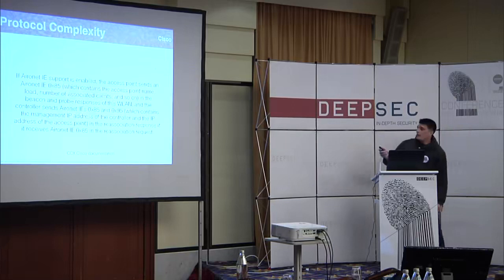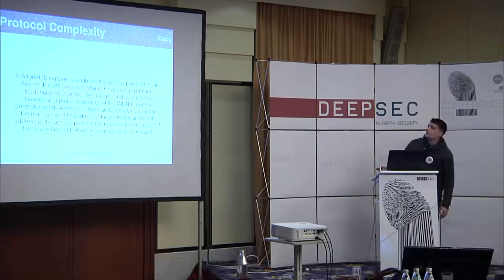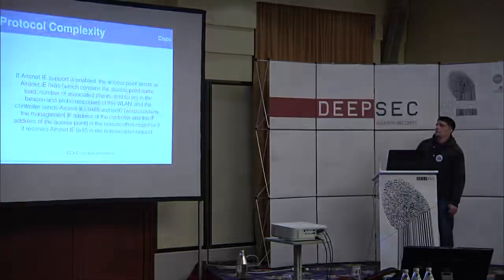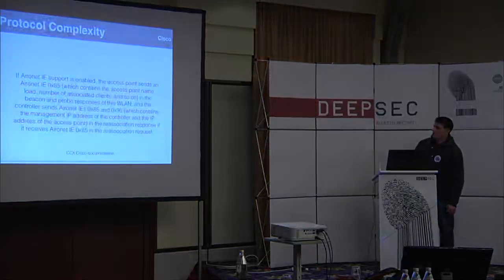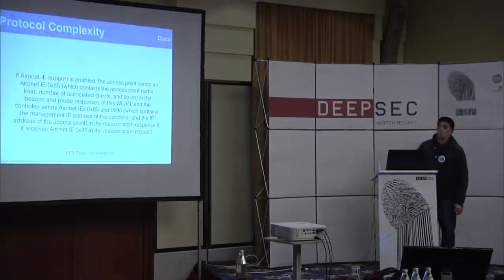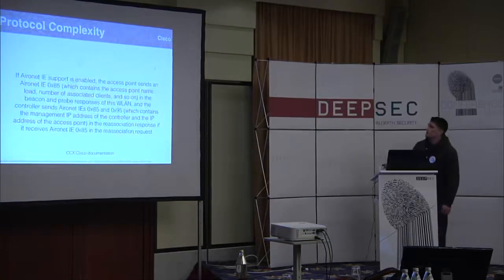So this is a paragraph from the Cisco CCX, that is Cisco Client Extensions, documentation, and it says something funny. It says that Aironet access points will send an information element with ID number 85, and this contains the access point name, the load, the number of associated clients, and so on. We don't know what's the so on.